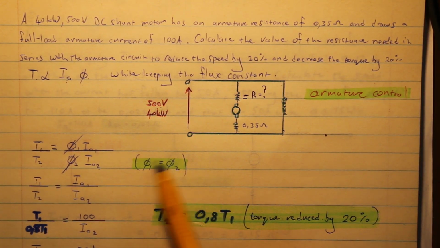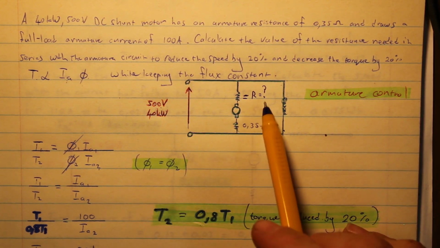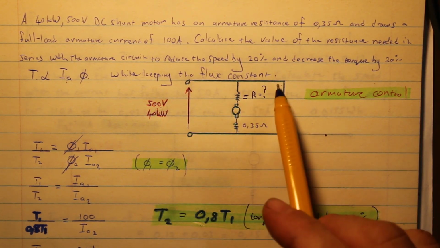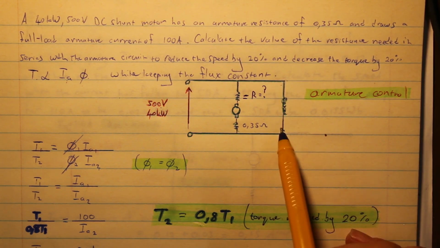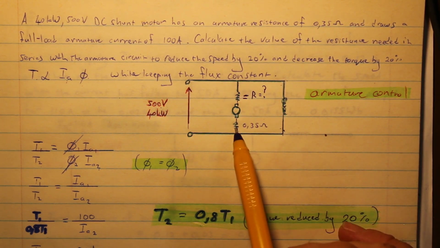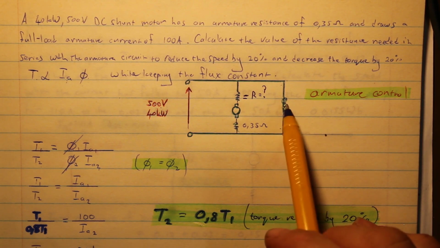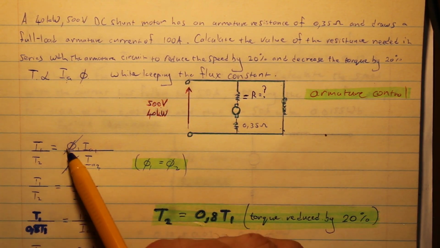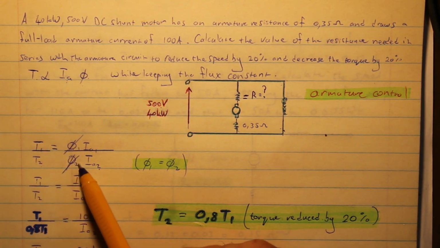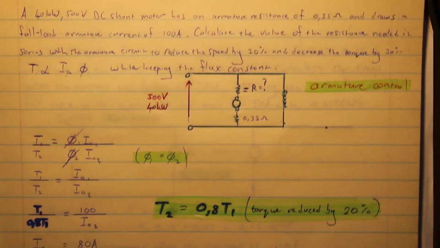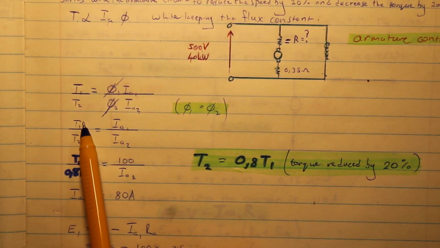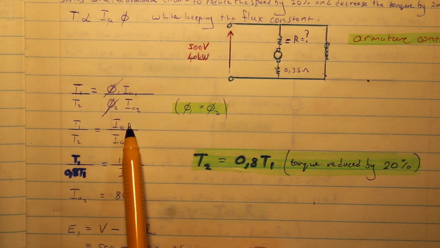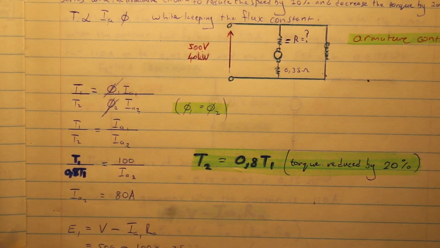Just like we said earlier, because the two fluxes are constant at the two different speeds, as it's a parallel circuit with 500 volts across each branch and this resistance is constant, we can cancel out these two fluxes because they will be the same. And then we have a nice easy formula: T1 over T2 equals armature current 1 over armature current 2.